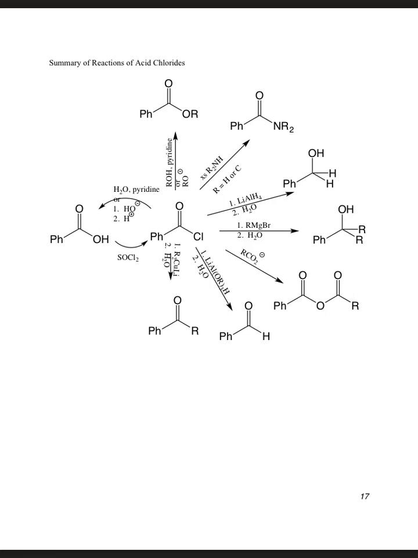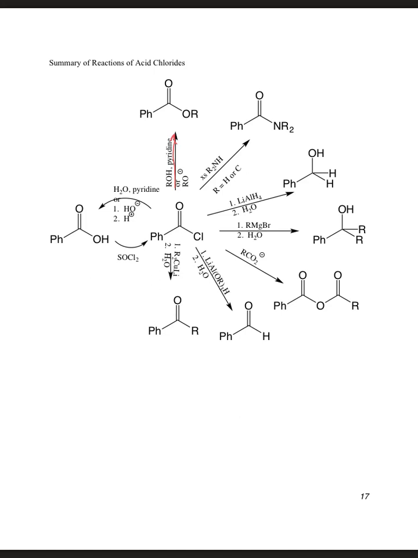So what can we do with the acid chloride? All sorts of neat things. We can make an ester with either the alcohol and pyridine or another base, or we can use the alkoxide.